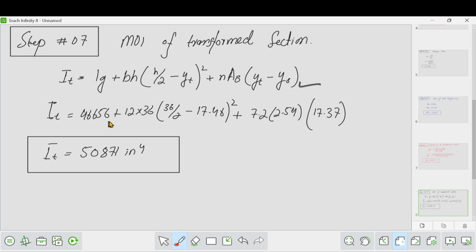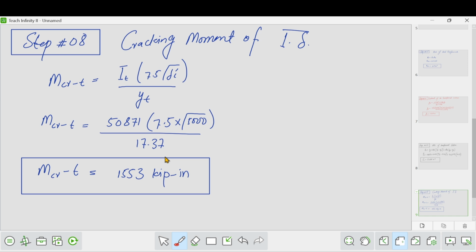So if I plug in all these values, I will get the moment of inertia of the transformed section, which is 50,071 inch to the power 4.